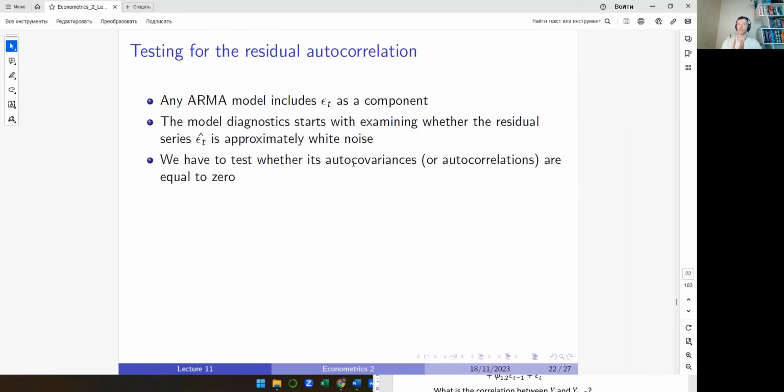So we have to test whether the autocovariances or autocorrelations of residuals are zero. If the model fails to pass the test, we need to modify the model.